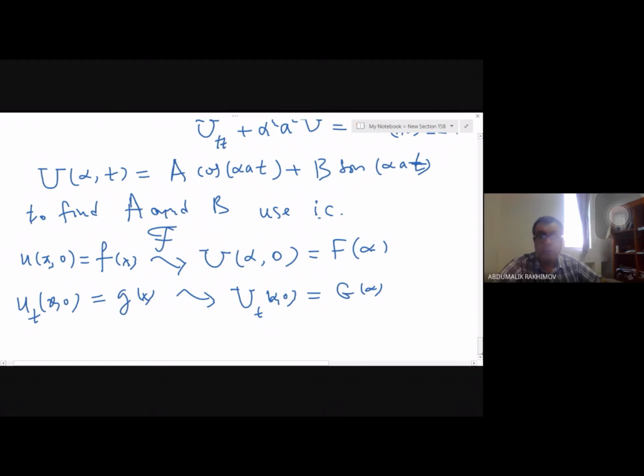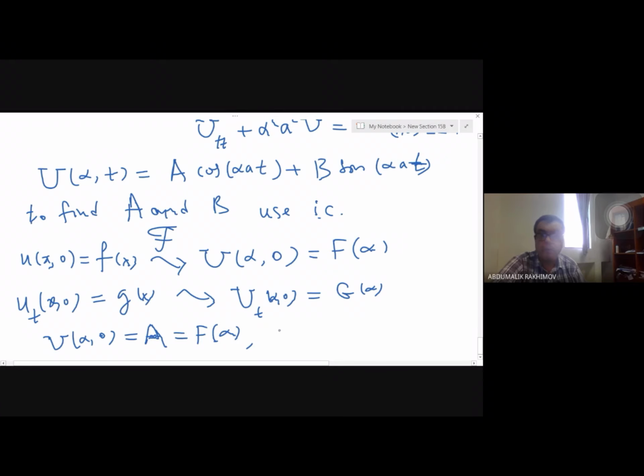Now I can find, this is my U, so what will be U? You can see U(alpha,0) is equal to A, because when t is 0, sine 0 is 0, cosine is 1. Just U(alpha,0) is equal to A. So A must be equal to F(alpha).